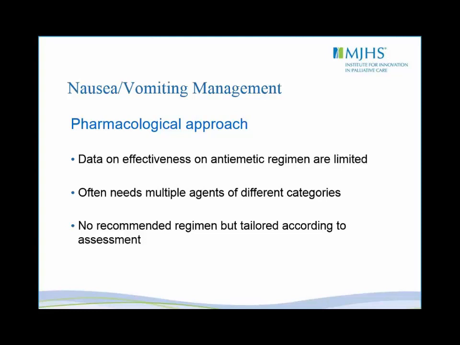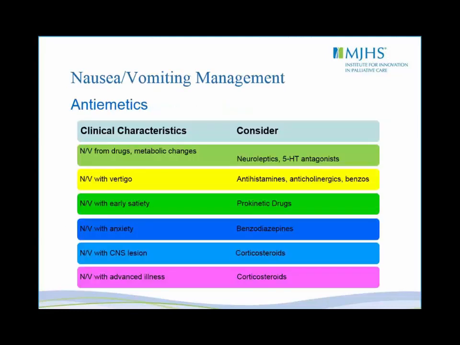So no one regimen fits all. We need to tailor that to the patient. Most of the time, we need multiple agents. It's pretty rare that one agent will be sufficient, oftentimes multiple agents.